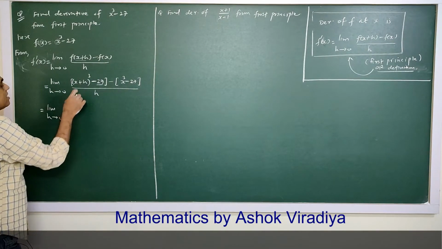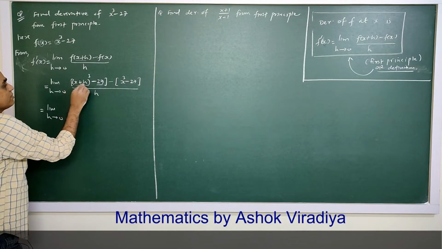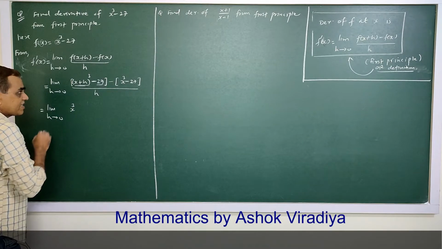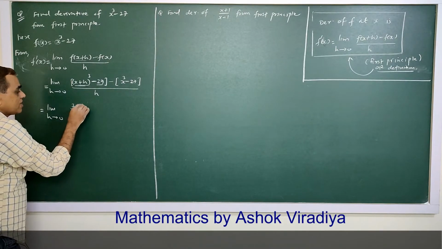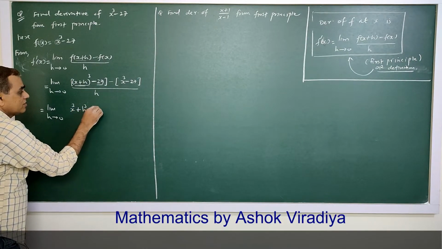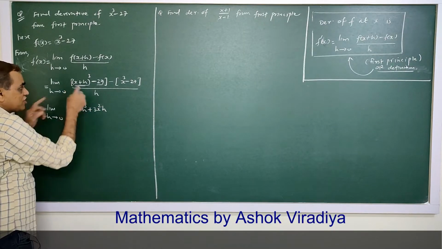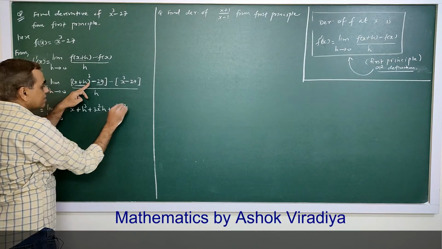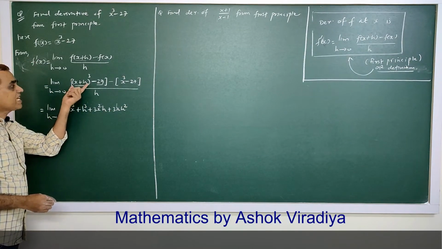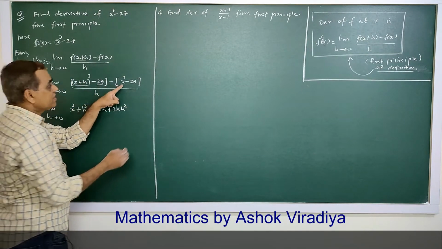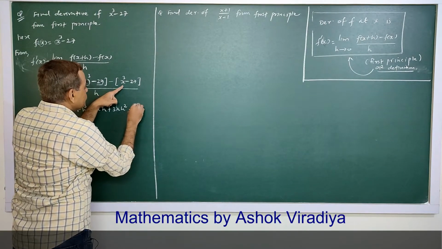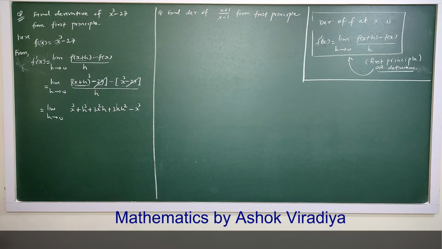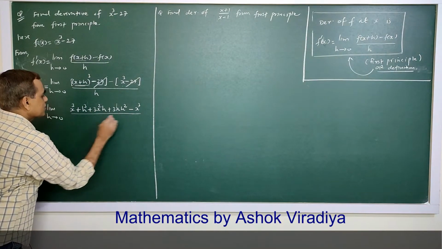So this is x plus h whole cube, expanding this, x cube plus h cube plus 3x square h plus 3xh square, expansion of this x plus h whole cube, minus x cube, upon h.